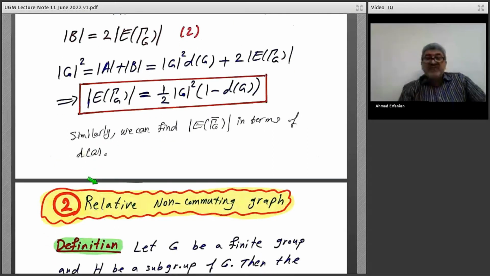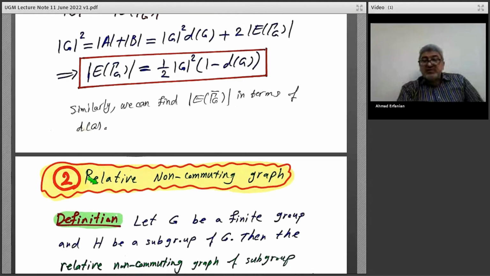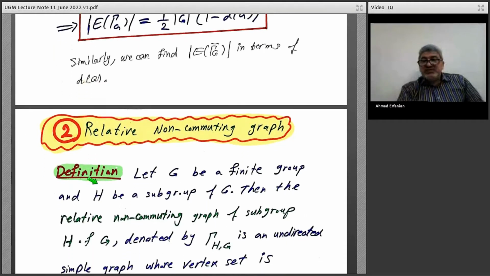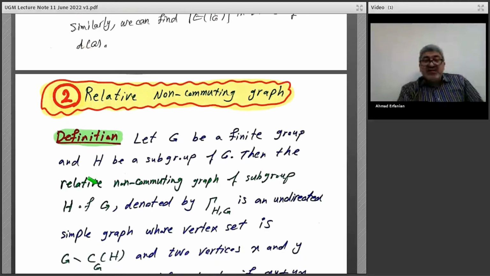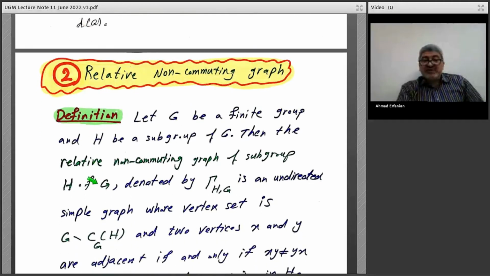Or if we have a lower bound for the commutativity degree d of G, then we can get an upper bound for the number of edges. And similarly, if we have an upper bound for the commutativity degree, we can find a lower bound for the number of edges.